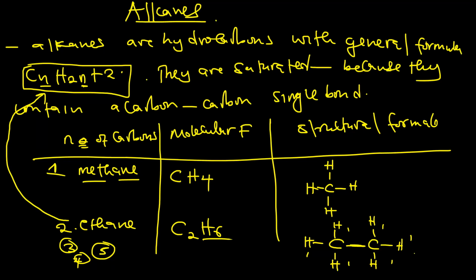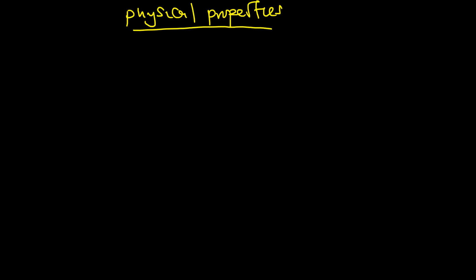So, what are the physical properties of alkanes? The other part that we need to look at under alkanes are their physical properties. One physical property of alkanes is that the first 4 are gases. Okay, the first 4 are gases.